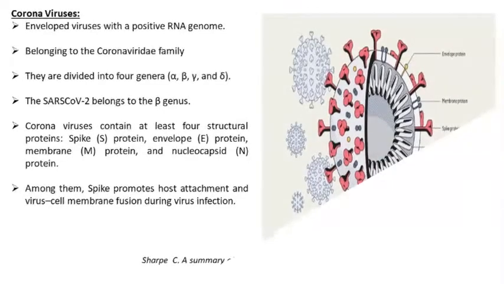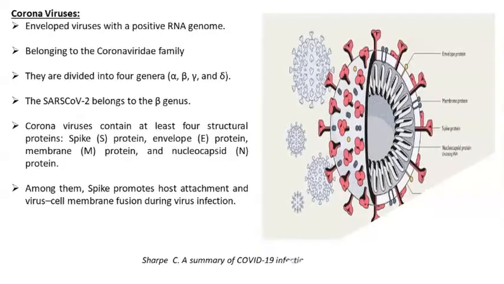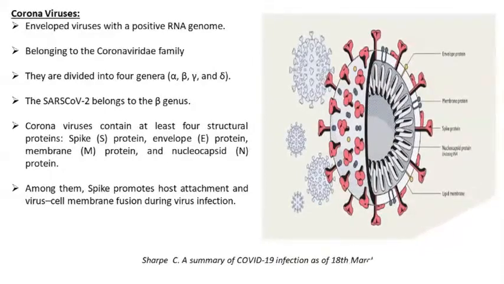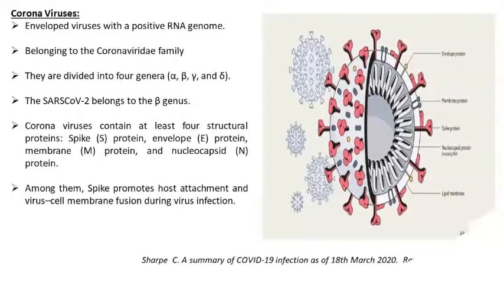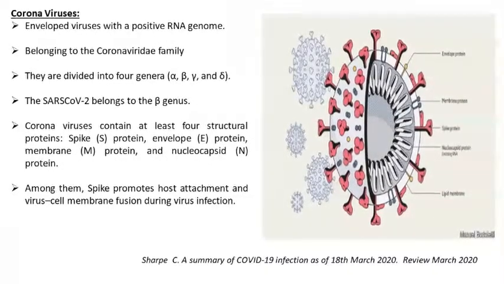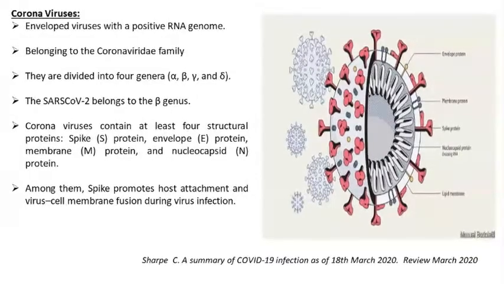As we can see, the red one here is called the spike protein, and the envelope protein is labeled as yellow, and also the membrane protein and nucleocapsid protein. The most important is the spike protein because it promotes the attachment of the virus cell membrane to the receptor, which is ACE2. So the spike protein is very important in the process of virus entry, invasion into and infecting the cell.